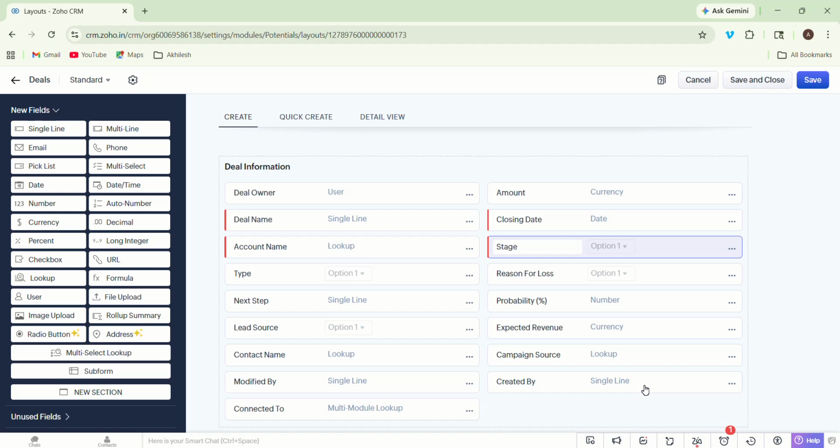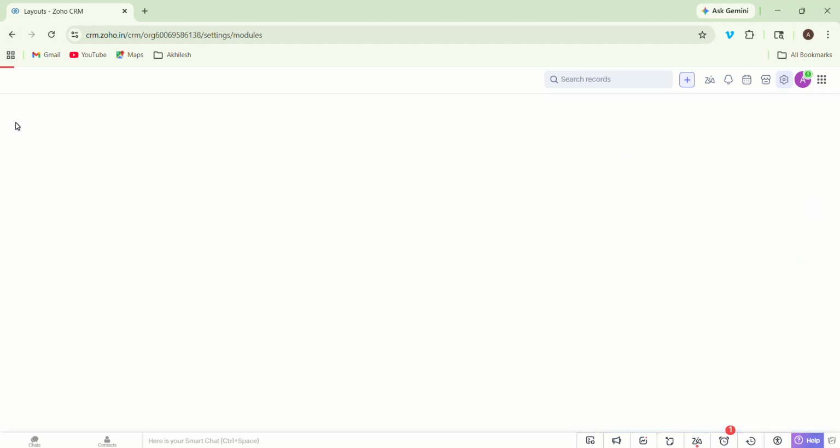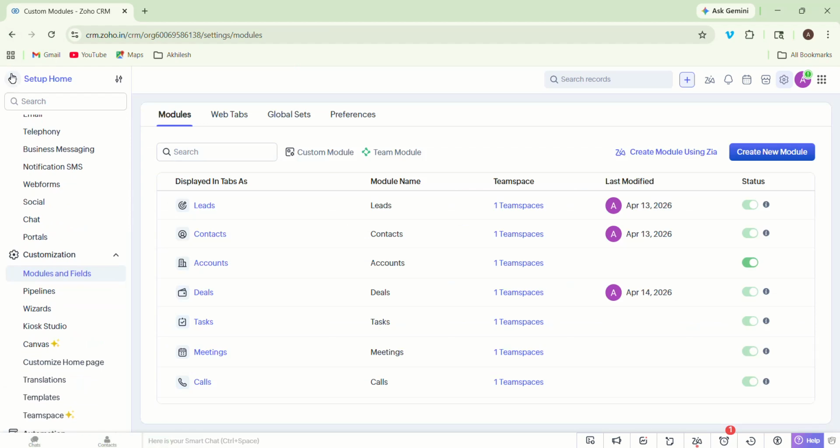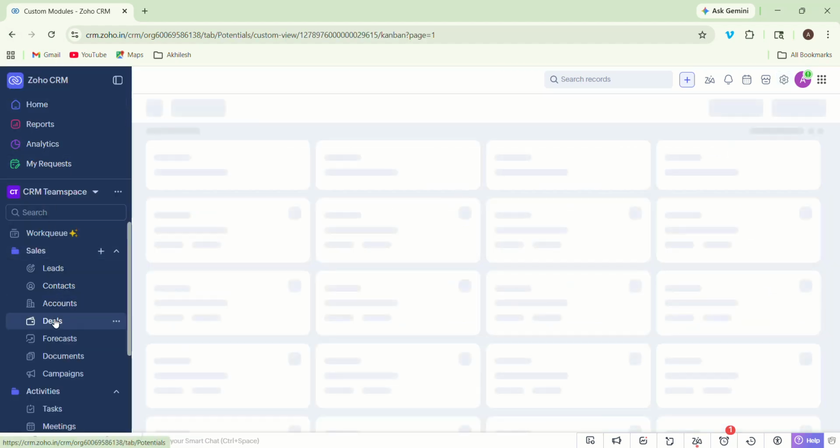Now we have done this. Viewing the new pipeline, we'll go back to deals. We have to save here first, or we can save and close. Now we are in deals.